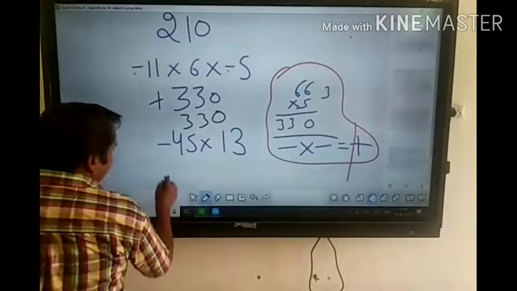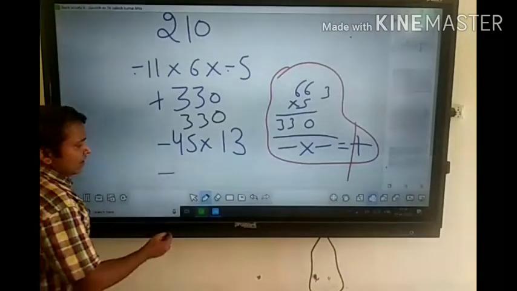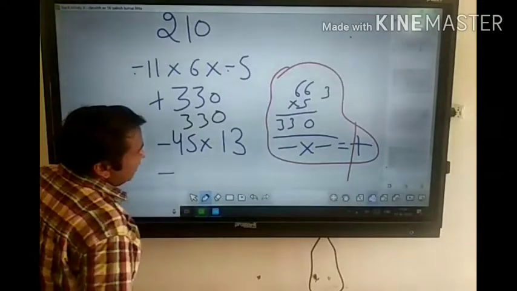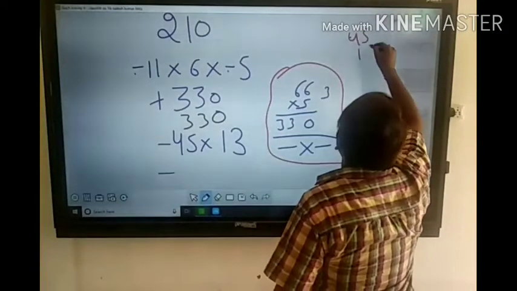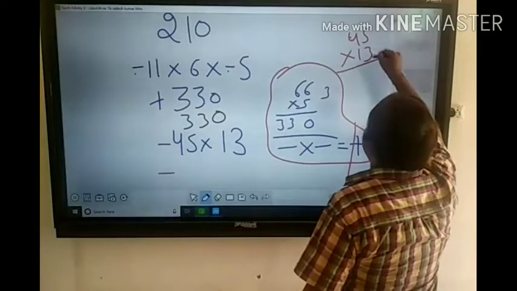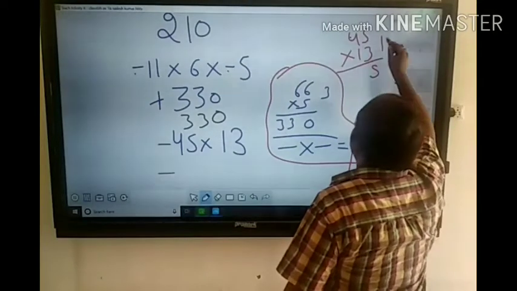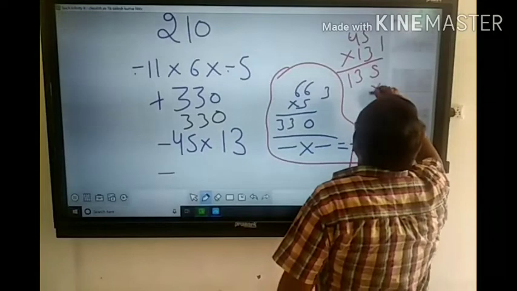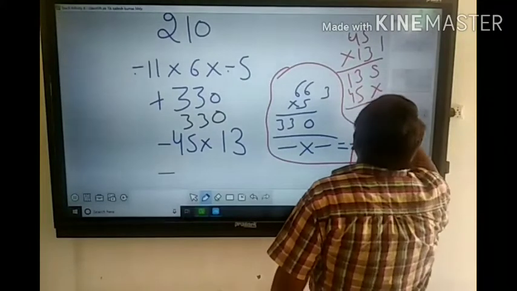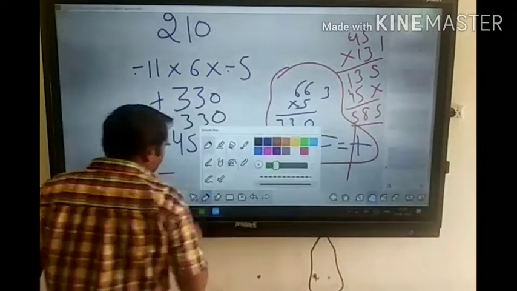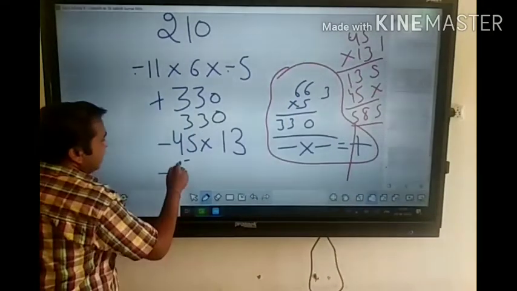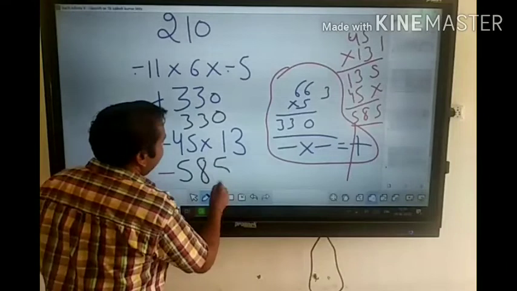So I will write the negative symbol and multiply 45 by 13 in the rough work. 45 multiply 13: 3 times 5 is 15, carry 1, 3 times 4 is 12, 12 plus 1 is 13, and 45, 5, 8 and 5. So it is 585. So I will write negative 585.